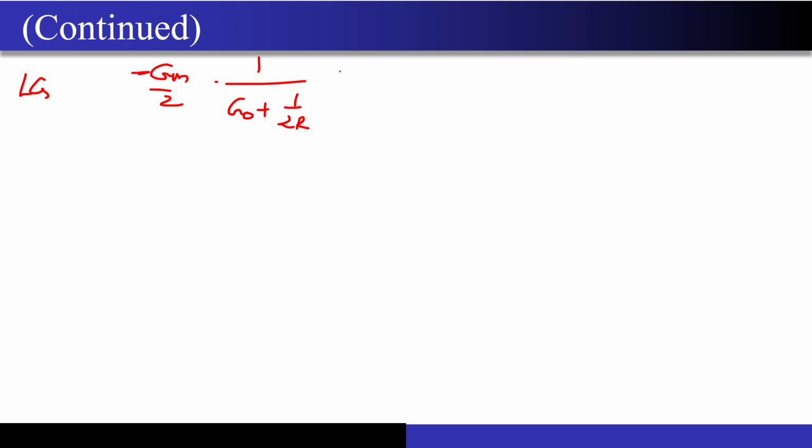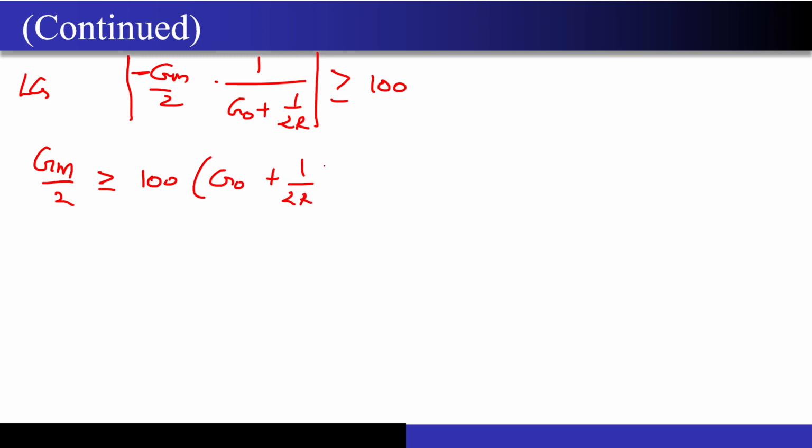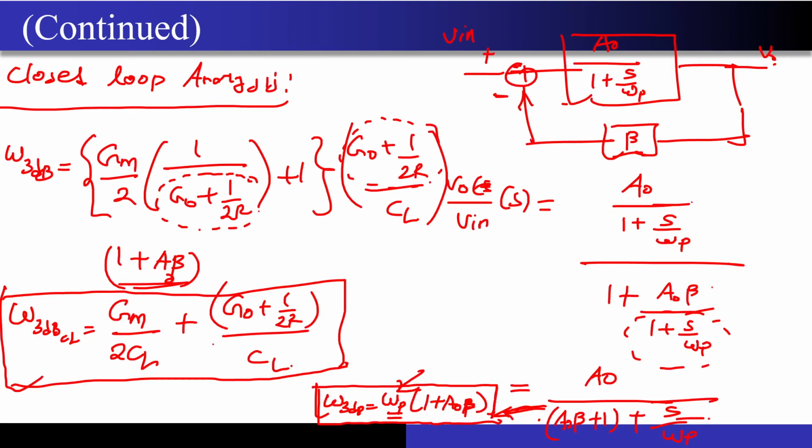So now the thing that they are mentioning is that this has to be greater than or equal to 40 dB, correct? Now if you look at this condition, then what you will be getting is gm by 2 is at least 100 times g naught plus 1 by 2r, correct? Now remember this condition, and now let's look at the closed loop 3 dB frequency that I got.